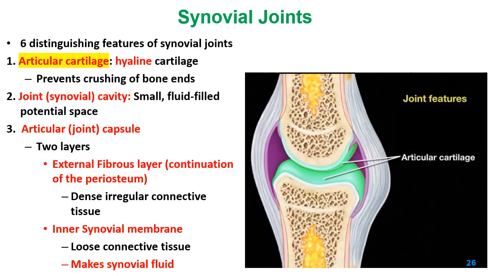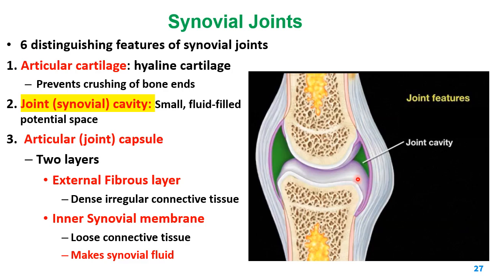Now let's see here. You're going to have this fluid-filled space that you call the synovial cavity right there. Okay, how much fluid is in there? Well, if you look at your knee joint, that is the biggest articulation that you have in the body, how much liquid can you put in there of this synovial fluid?